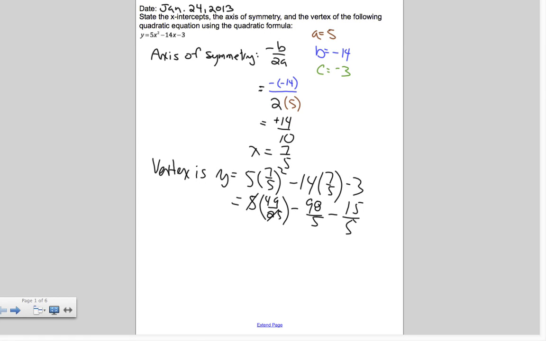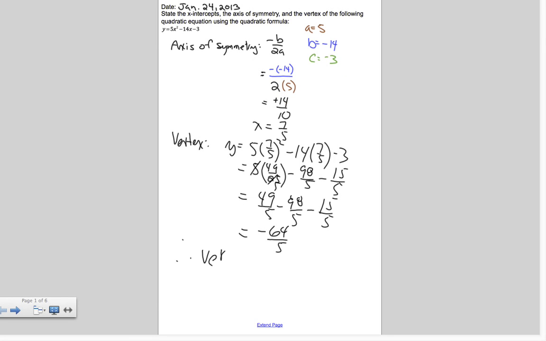They're going to reduce a 5, so that's going to be 5 there. So this goes 49 over 5 minus 98 over 5 minus 15 over 5. Equals 49 minus 49 over 5, minus 49, so minus 64 over 5. Okay. So that's going to be the vertex. Therefore, the vertex is 7 over 5, comma minus 64 over 5. Okay?